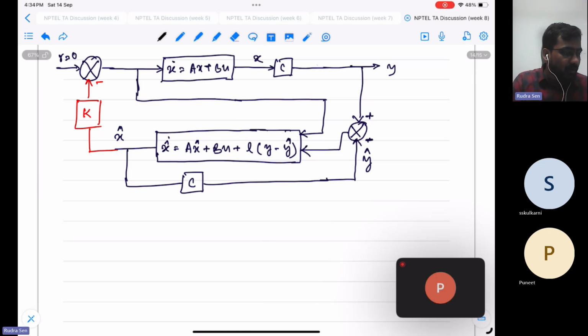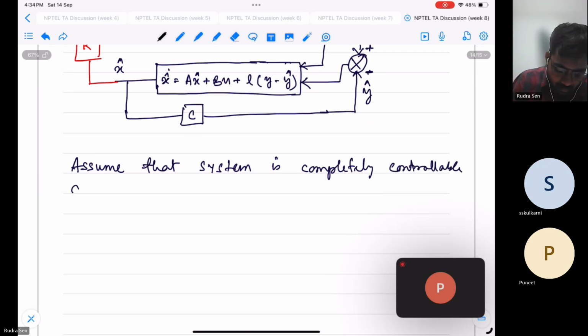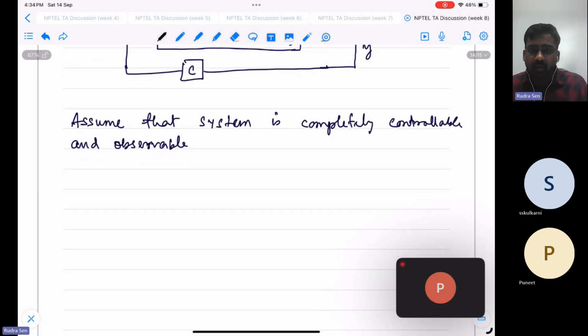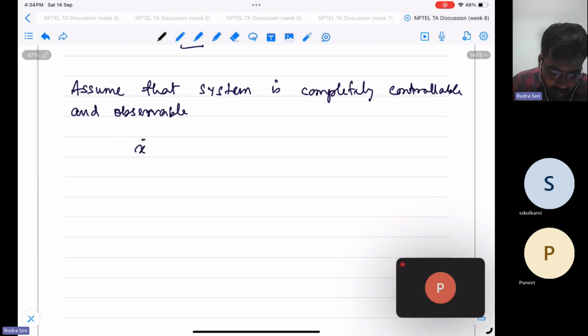In that case, we have assumed that the system is completely controllable and observable.